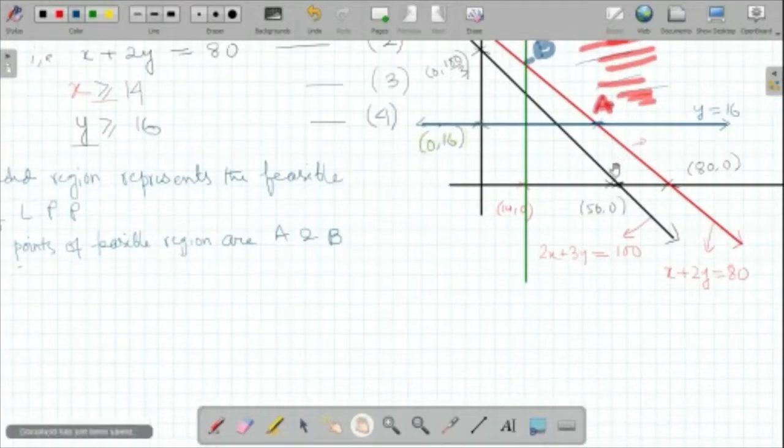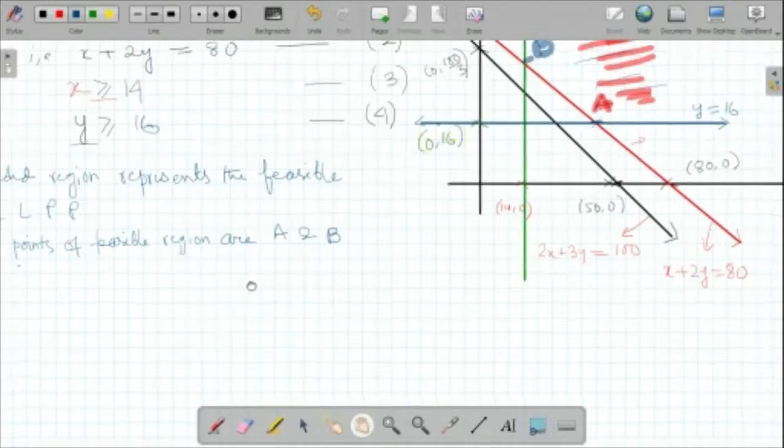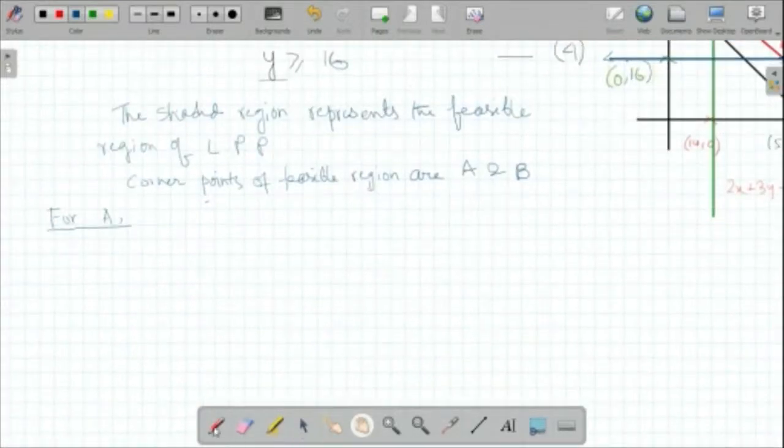solve this red line and then this blue line. Okay, so what is that? This red line is x plus 2y equals 80.